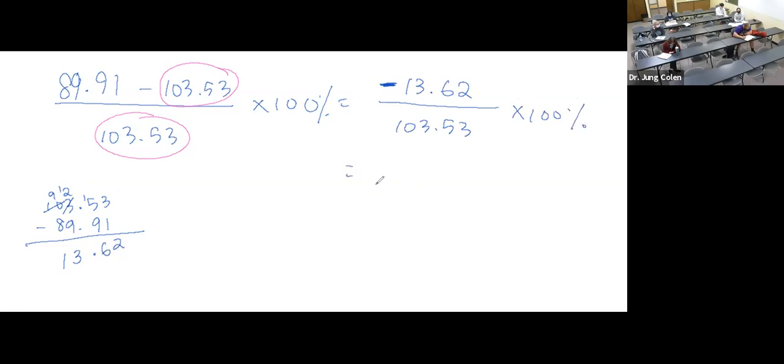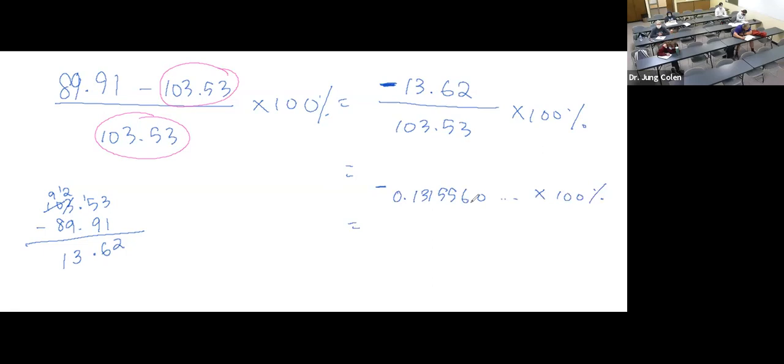If you solve that, it's going to be a negative number. 13.62 divided by 103.53 is 0.1315560 times 100%.